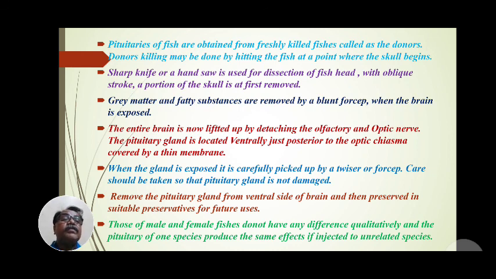Grey matter and fatty substances are removed by blunt forceps. After the skull is removed, a sharp knife or hand saw is used for the dissection of the fish head with an oblique stroke, and the hard, tough calcareous upper skull part is removed. Then the grey matter and fatty substances covering the brain are removed by blunt forceps or a paper napkin.